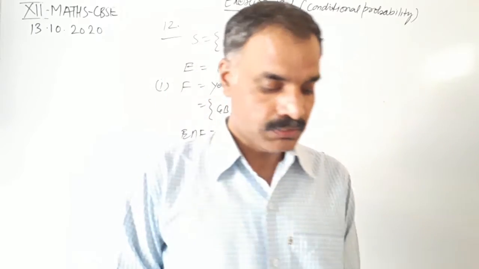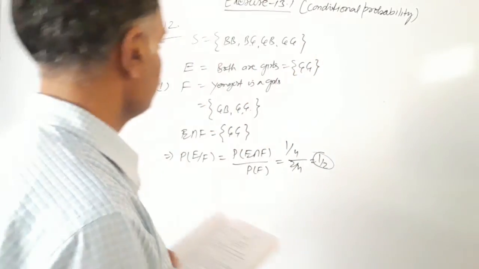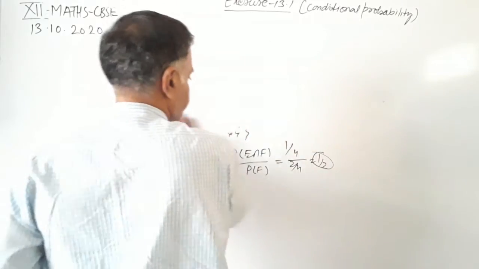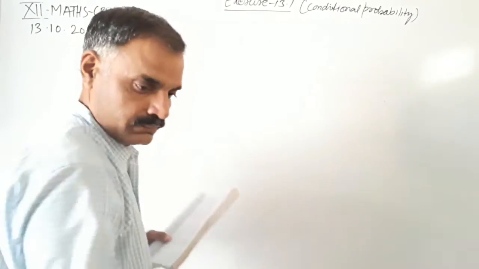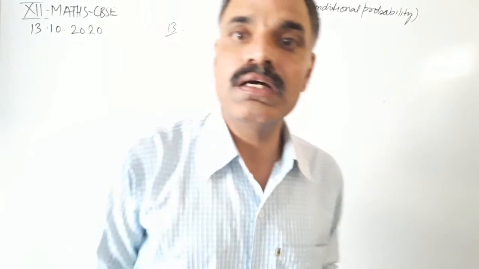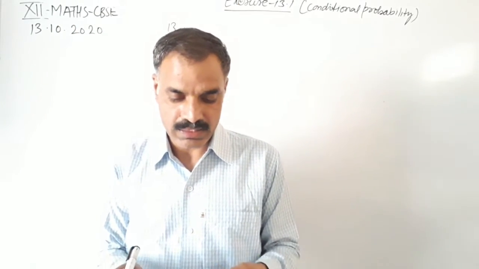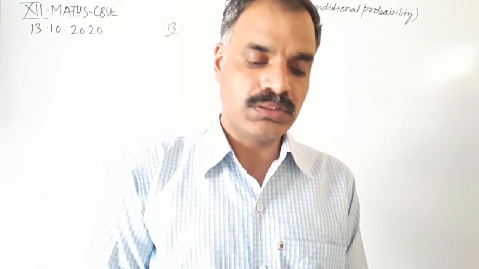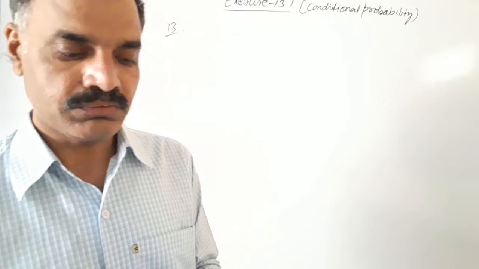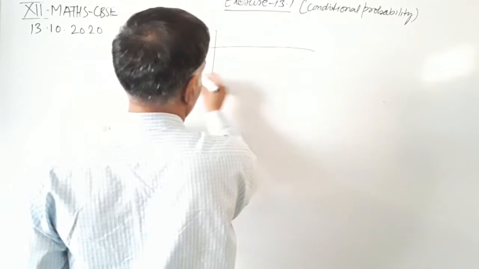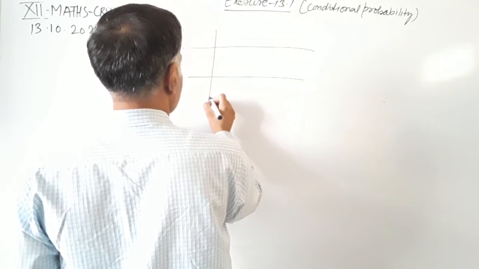Now question number 13 of exercise 13.1. An instructor has a question bank consisting of 300 easy true false questions. We have to form a table like this.